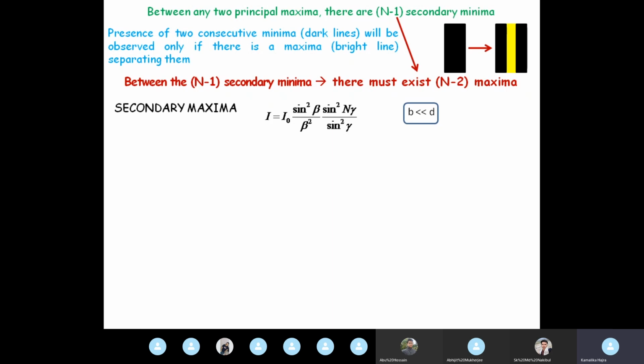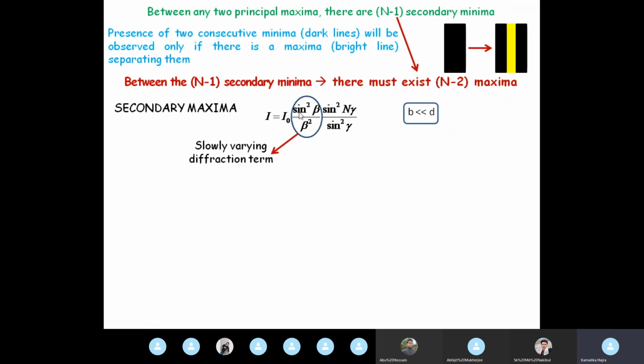The sine square gamma term also has sine square n gamma, where n is a large number. So you can understand that the variation of this term is almost negligible compared to the speed of variation of this term. So this term changes way faster than this term.